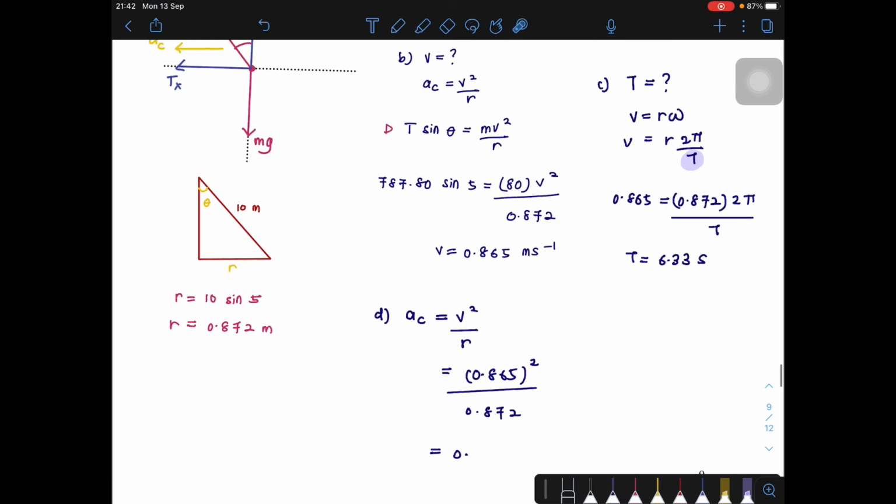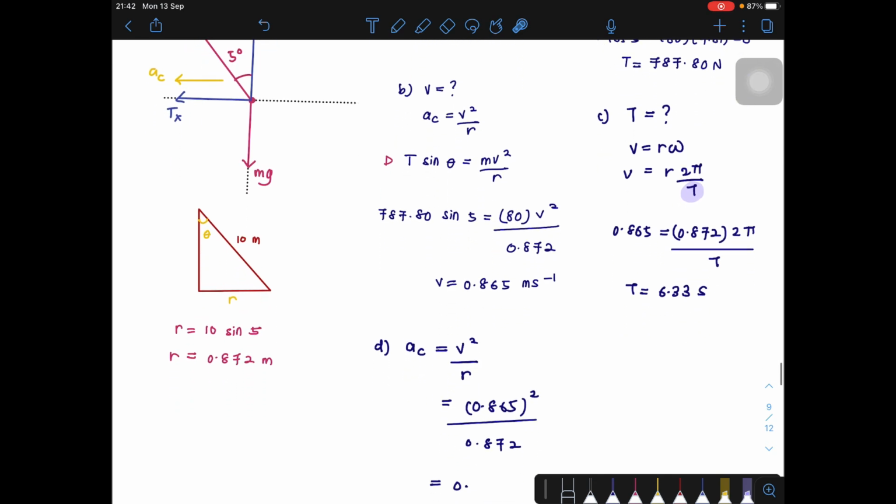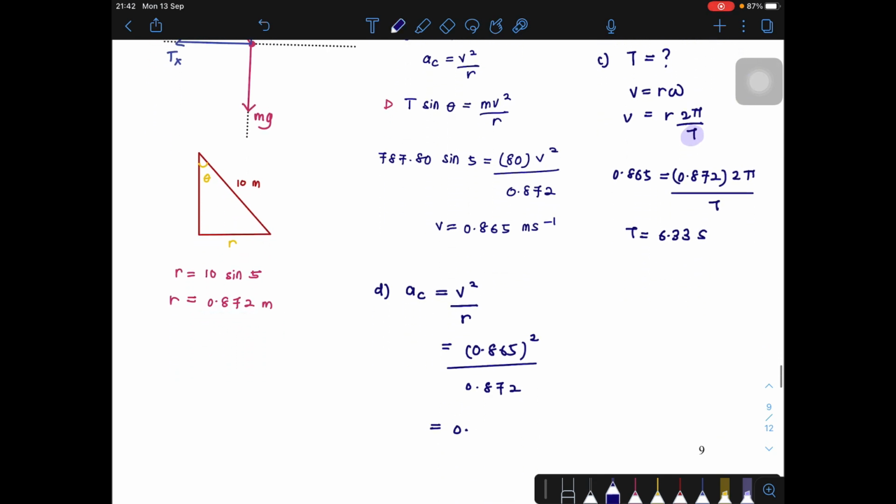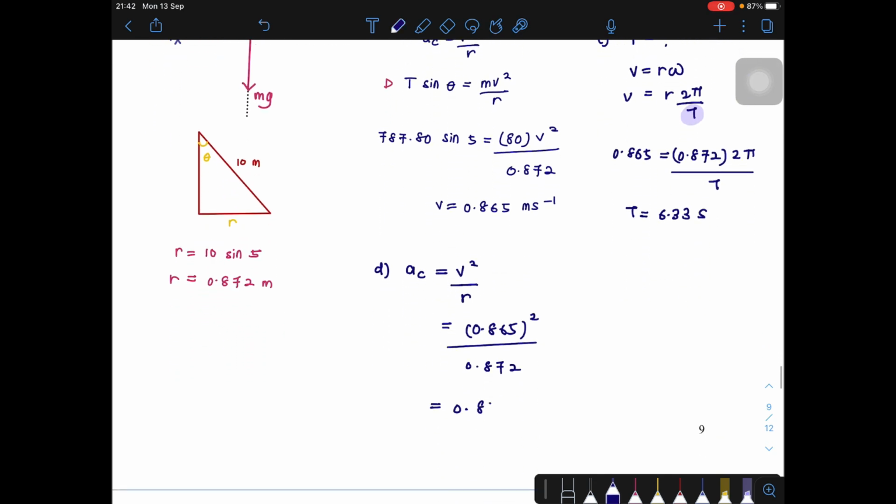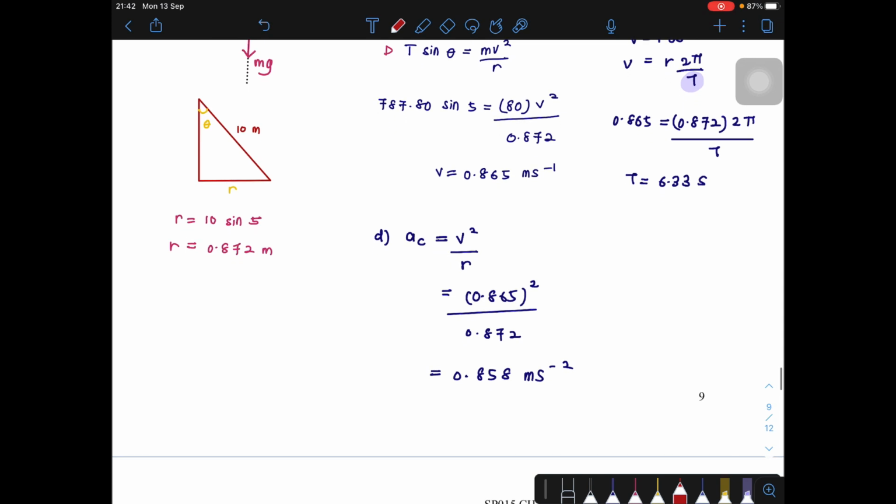That one is the radius, right? 0.872. So you will get 0.858 meter per second squared. And the direction is towards the center of the circle.